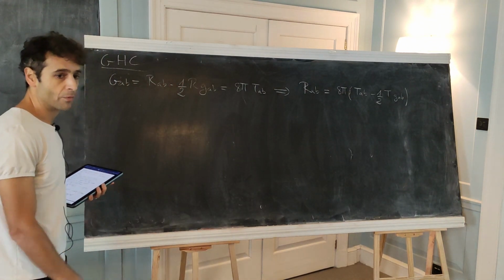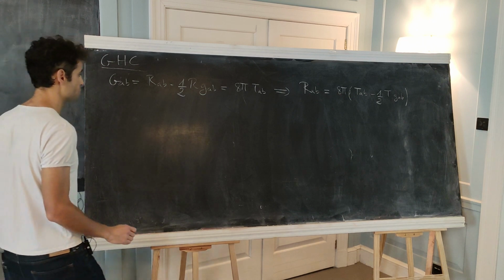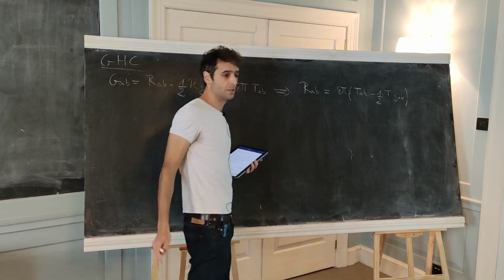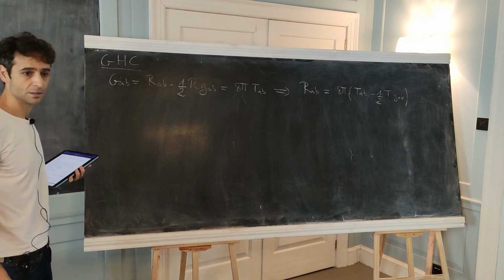To see what generalized harmonic coordinates do for you, it's useful to write the Ricci tensor in terms of the Christoffel symbols and their derivatives.